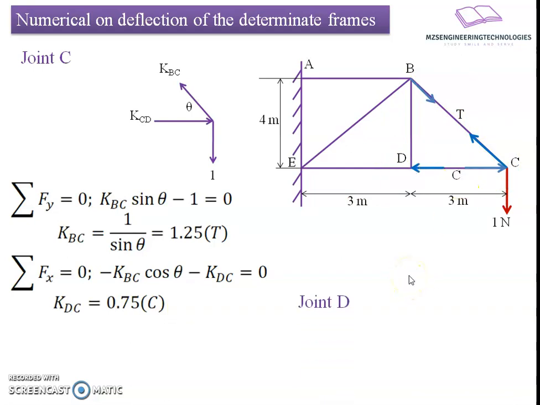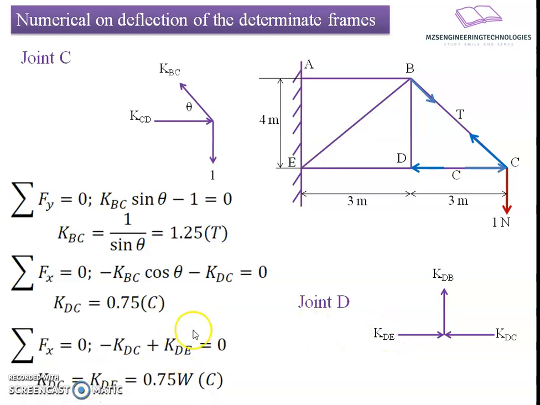Now I will prepare the free body diagram for joint D. For joint D, we have 3 forces: the force in member DC, the force in member DE, and the force in member DB. Among these, KDC is known to us; 2 are unknown forces. Applying the static equilibrium equation, summation of Fx equals 0 gives minus KDC plus KDE equals 0. So KDC equals KDE, which equals 0.75 W in compression.